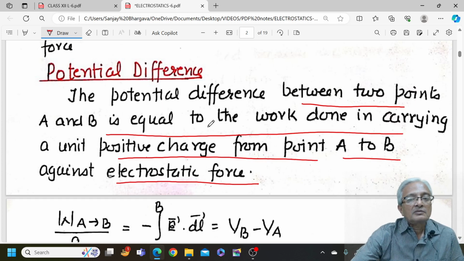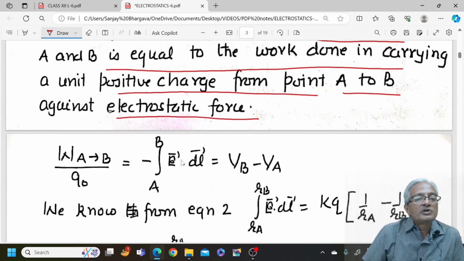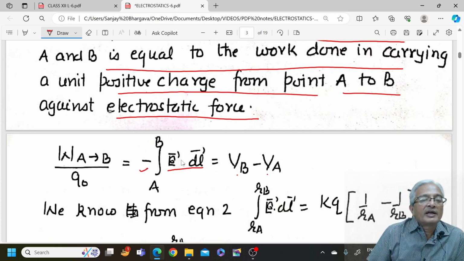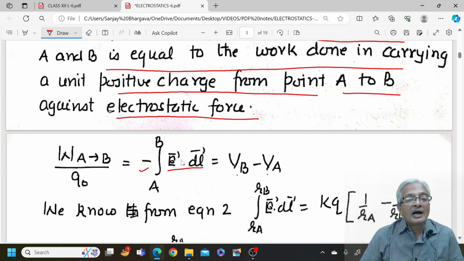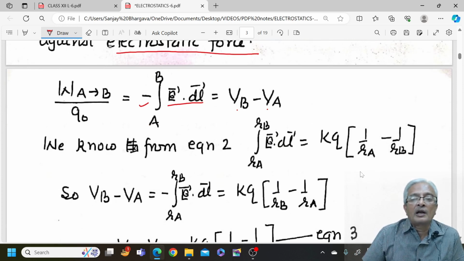So, work done in moving from A to B upon Q0 is minus integration A to B E dot dl, which is VB, final potential, minus initial potential. Why the negative sign? Because we are working against the electrostatic force. From equation number 1, E dot dl was equal to KQ into 1 upon RA minus 1 upon RB.